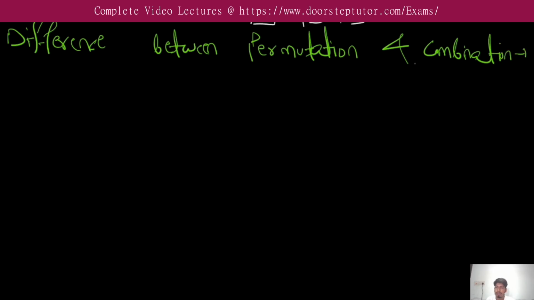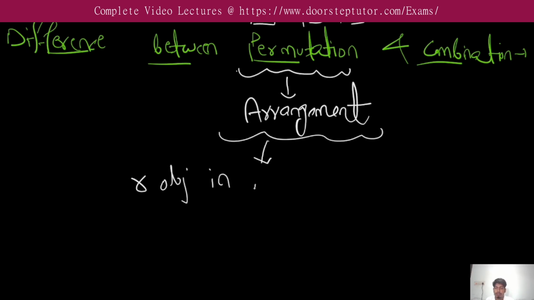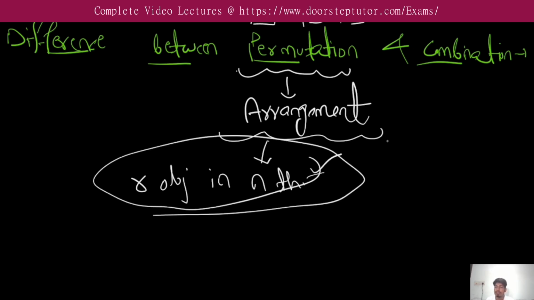I told you in the previous lecture, but I repeat it. Permutation means simply arrangement, arrangement of r objects. This advanced part I will tell you later.